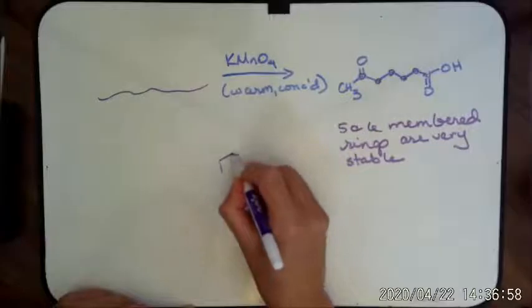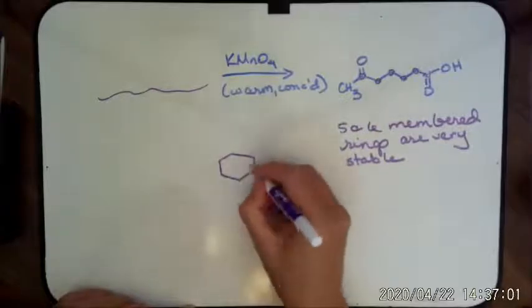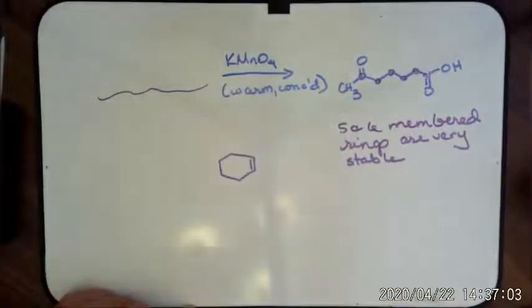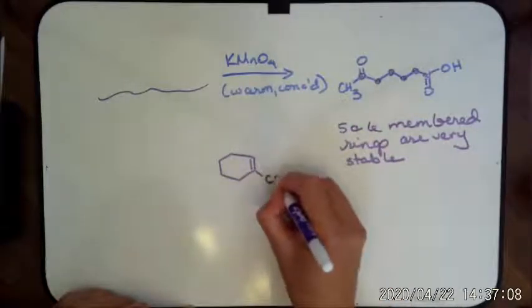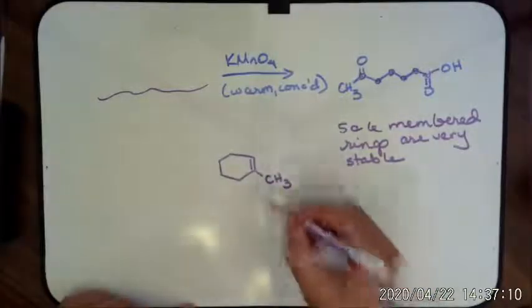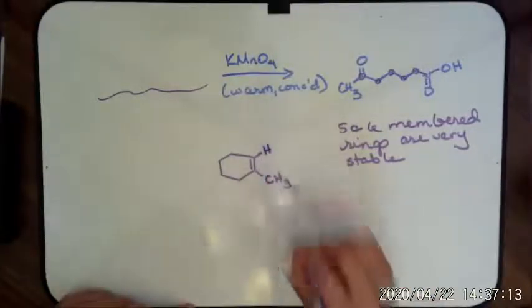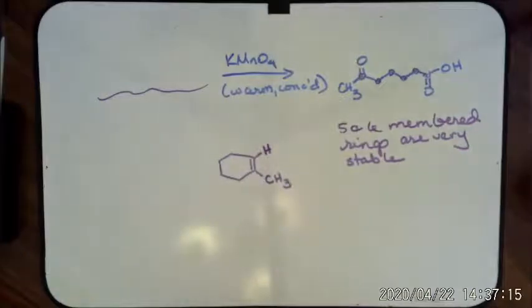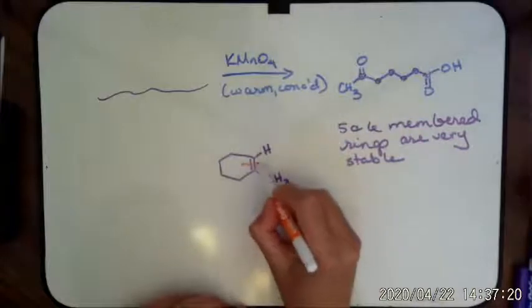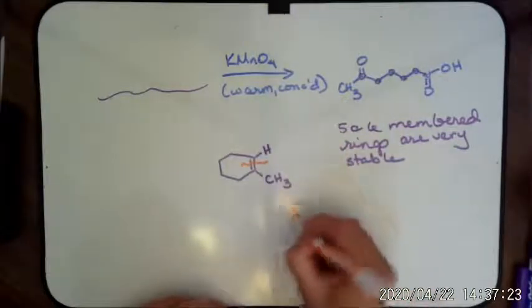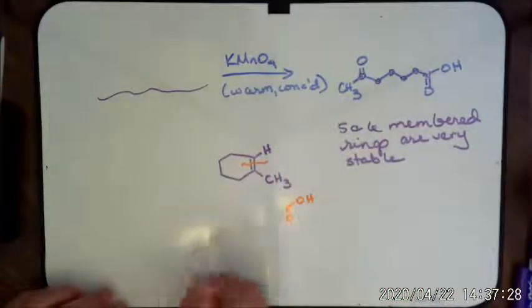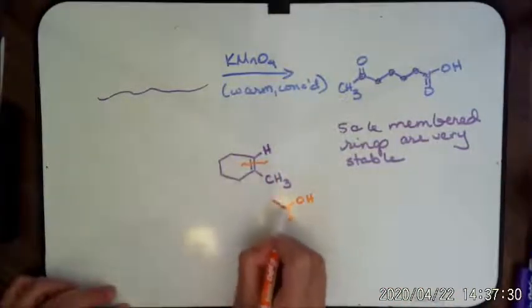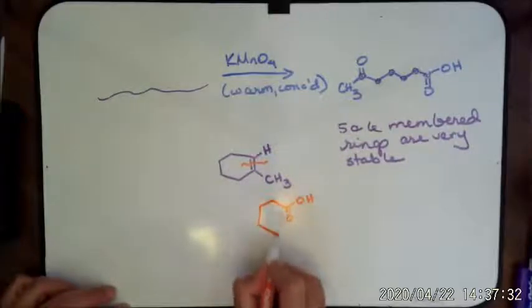If I work backwards and say I have a 6-membered ring, and this is my alkene, then I have a methyl group here, and I have a hydrogen here. Okay, so if I break this with my potassium permanganate, I would get an oxygen there, and since I have a hydrogen, it becomes my carboxylic acid. Then 1, 2, 3, 4.